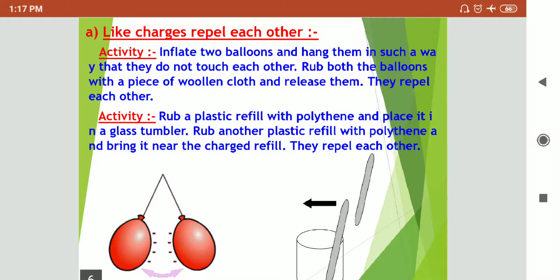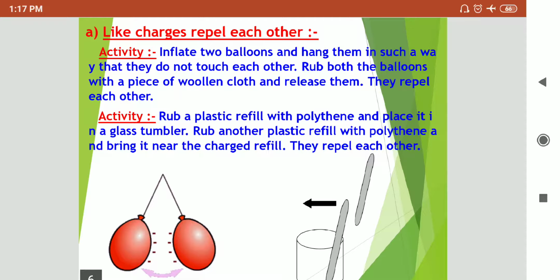As both refills are rubbed with the polythene, they acquire the same charge, and when brought together, they will repel each other. So in both activities we have seen that if both things are rubbed with the same material, they acquire similar charges, and similar charges repel each other.